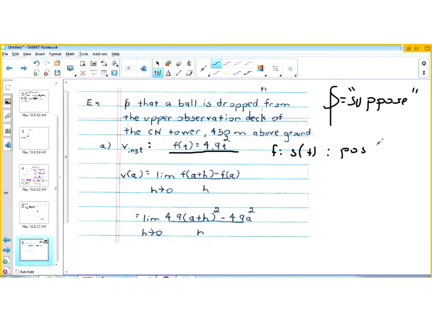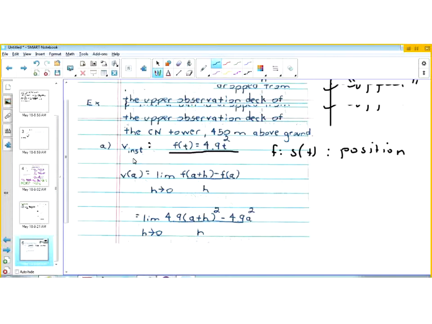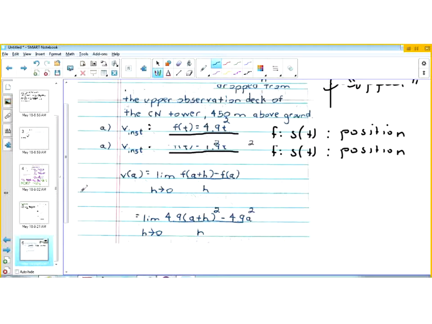So f, I think in the past I've written as s of t, which is the position function, the position of the ball with respect to the platform at time t. And in this case, I've changed t to a.